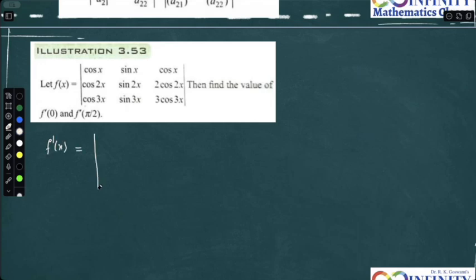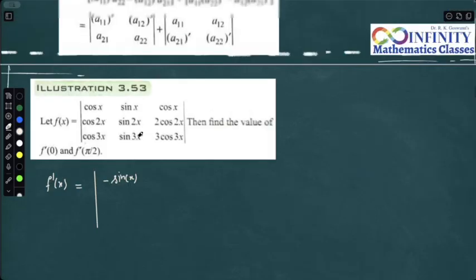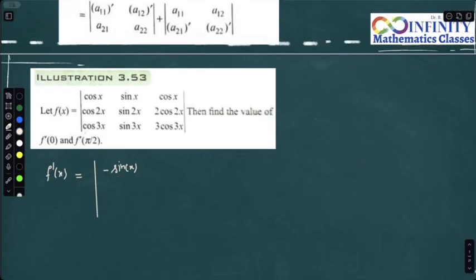So writing the same expression, just differentiate the first row. One more thing, actually: the same rule can be applied for columns also.